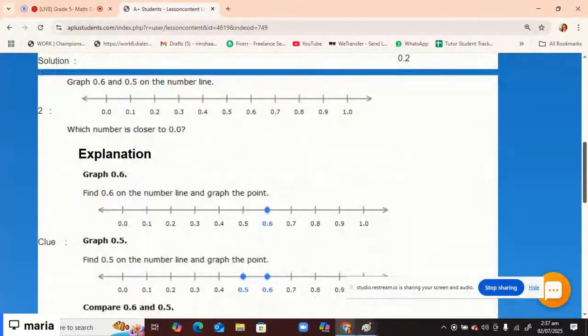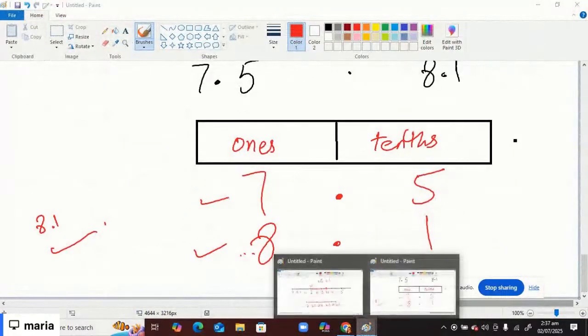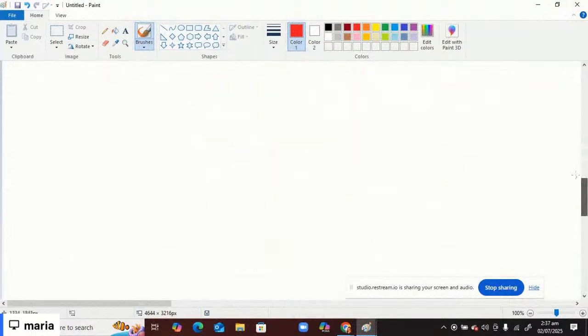All right, I'm going to draw here a number line. Then you guys tell me. For example, I'm drawing it here.